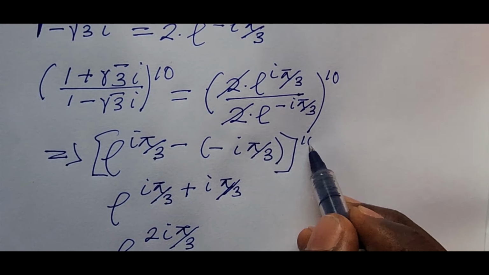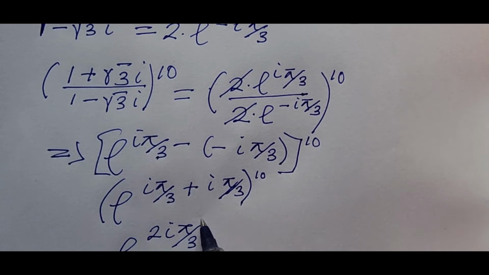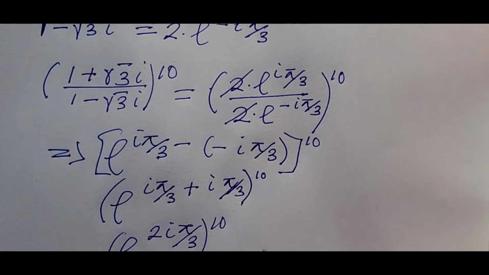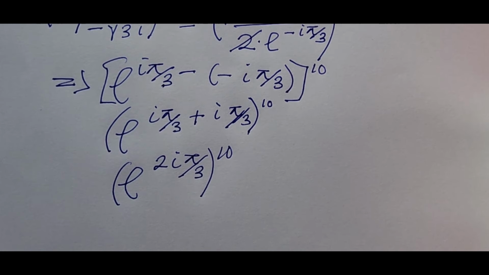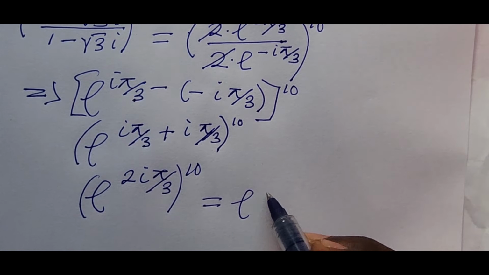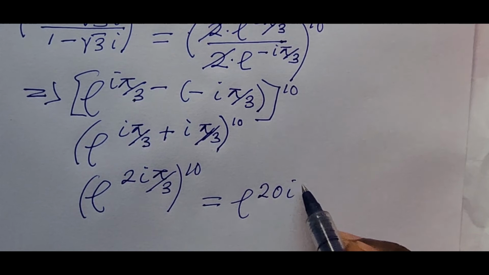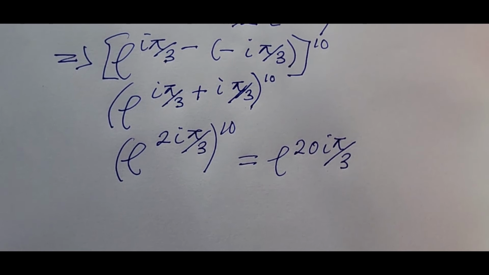Mind you, we are having everything here raised to power 10. Let's include this raised to power 10 and this also raised to power 10. Then this raised to power 10 also. So we can use this to multiply this. So if we multiply out, this is going to give us e all raised to the power of 20 iota pi all over 3. So what does that imply?